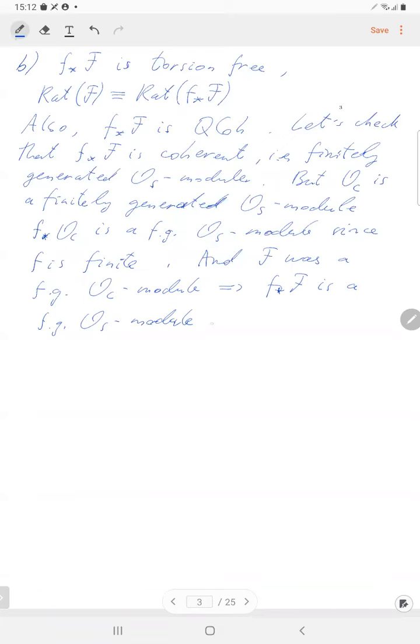Okay, and finally we have to compute the rank.